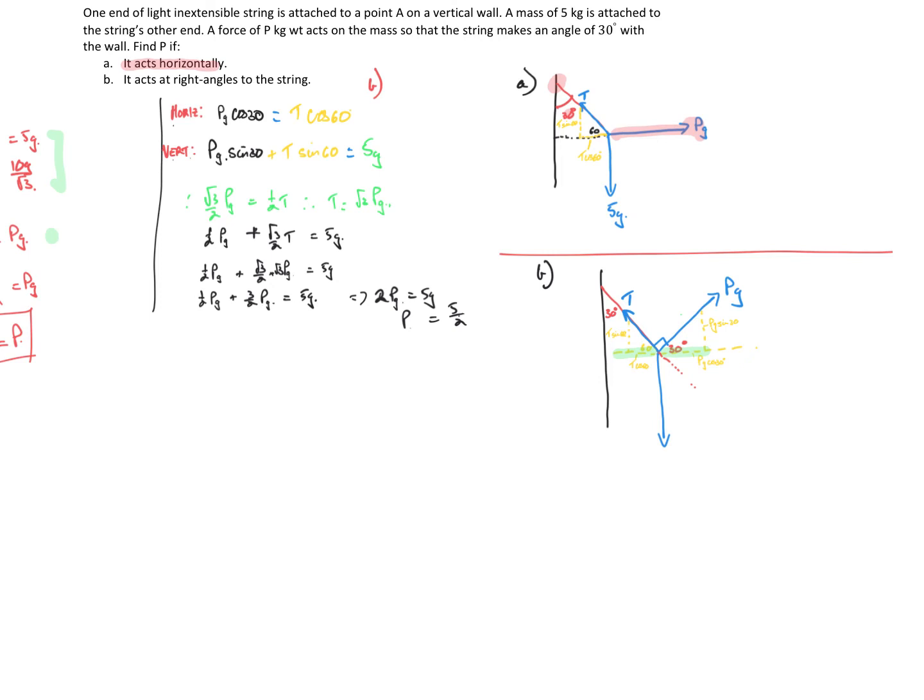Similarly, vertically, T sin 60 acting up plus P G sin 30 acting up has to equal the weight force acting down.